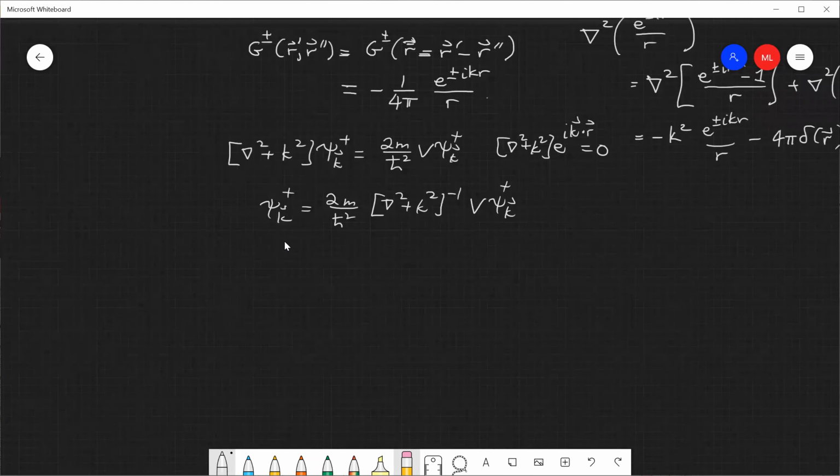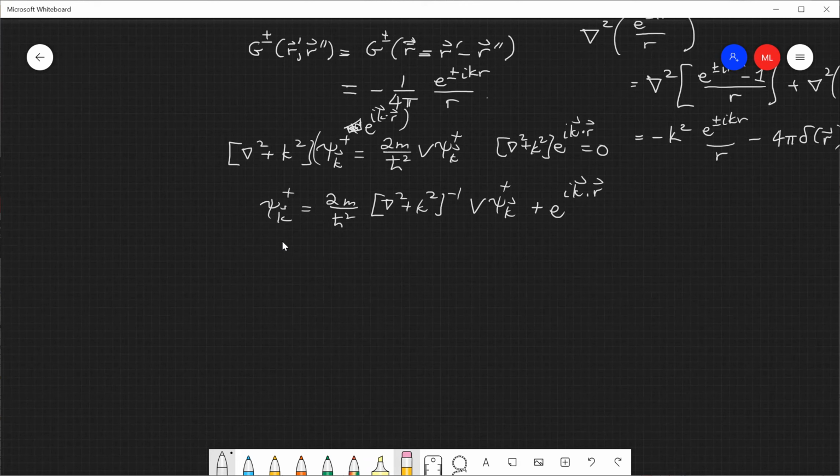I can add a plane wave here, and it won't change anything. Let's put it in with a minus sign. So if I do that, and apply the inverse of that operator on both sides, I can just add a plane wave here. Why do we do this? Remember, the idea here was trying to find the scattering solution, which has the right boundary conditions.